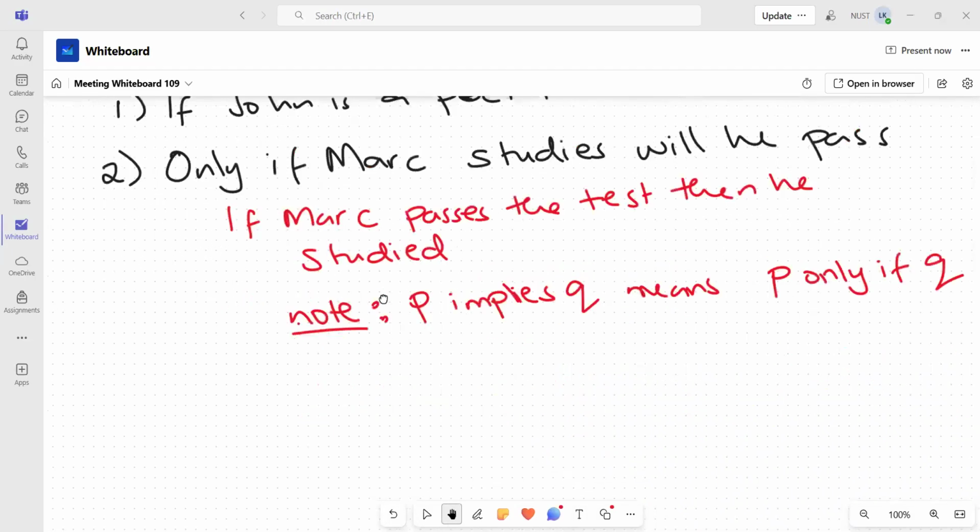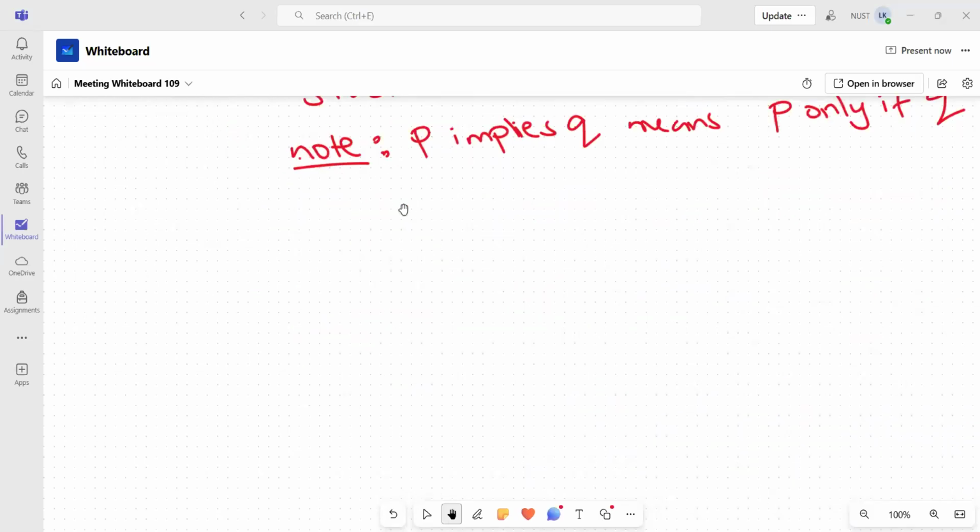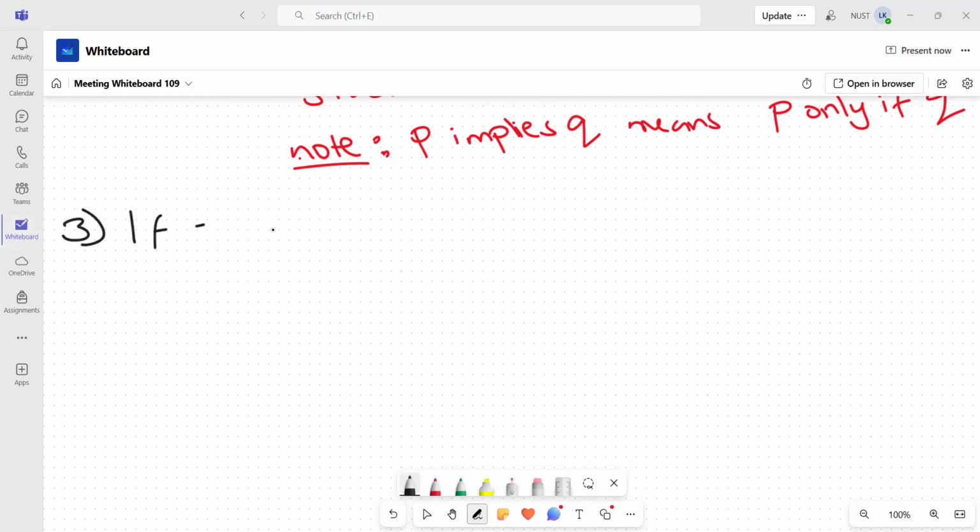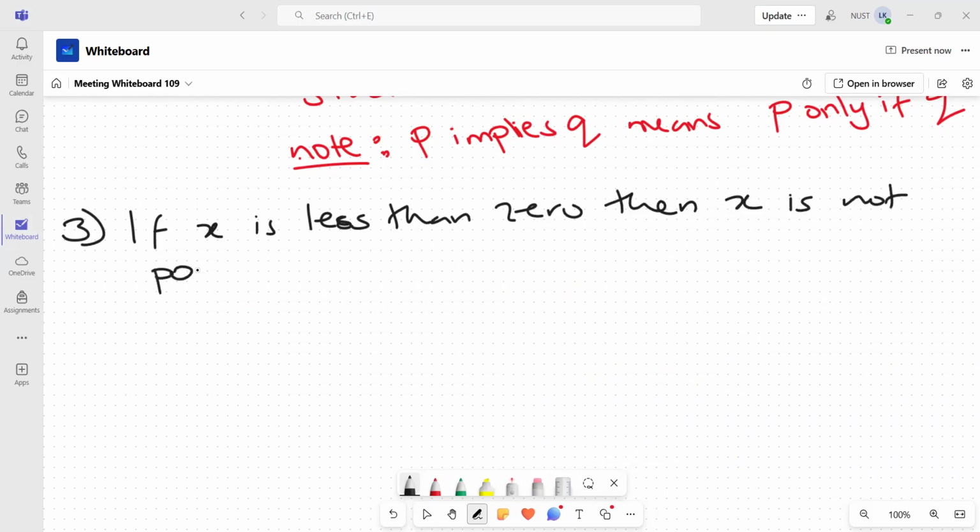Then another one. If X is less than 0, then X is not positive.